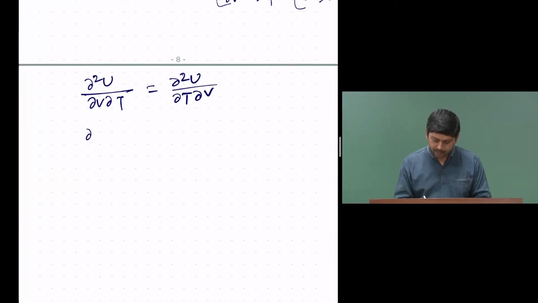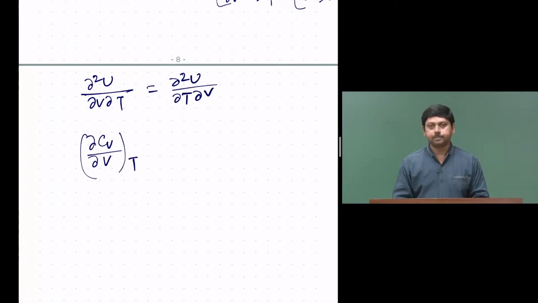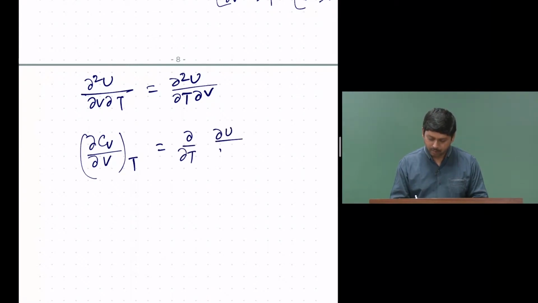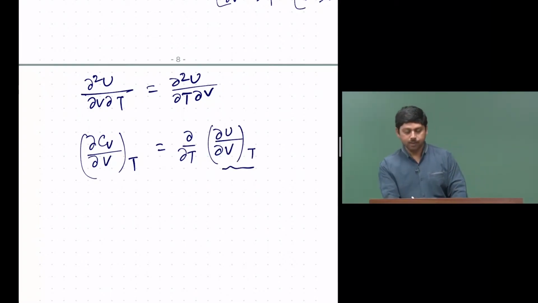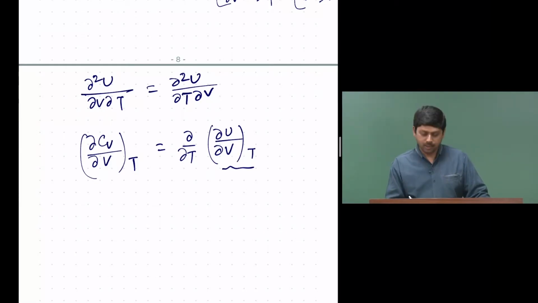So, we are writing that del V of Cv at a constant temperature, or let us write the way we are normally writing, del Cv by del V at a constant T is equal to del T of del U by del V at a constant T. The reason we are writing that, because are you familiar with this particular thing that we discussed during the Joule's expansion thing, that how the internal energy changes with respect to volume at a fixed temperature. So, that is the reason that we have done that.